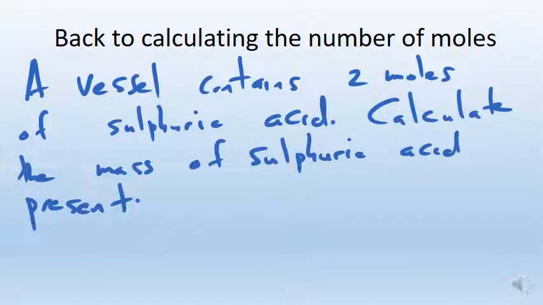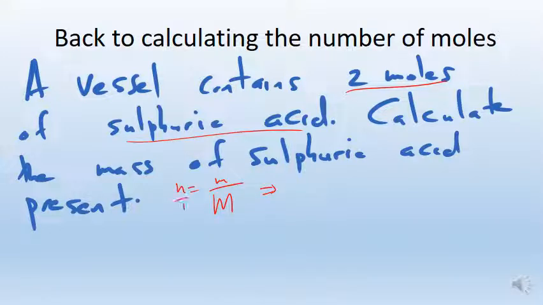Very carefully, a vessel contains 2 moles of sulfuric acid. Now, this is interesting. We don't have the formula, my goodness, but you learned this way back in grade 10. What is the formula for sulfuric acid? And you'll remember very quickly, it's H2SO4. So calculate the mass of sulfuric acid present. So we know the formula is number of moles is mass over molar mass.